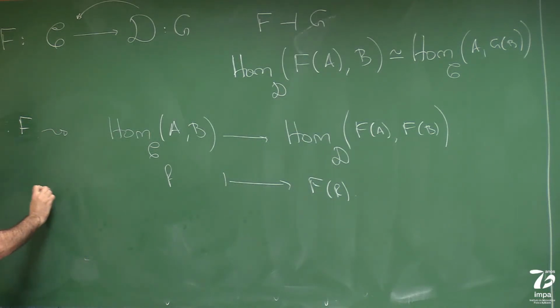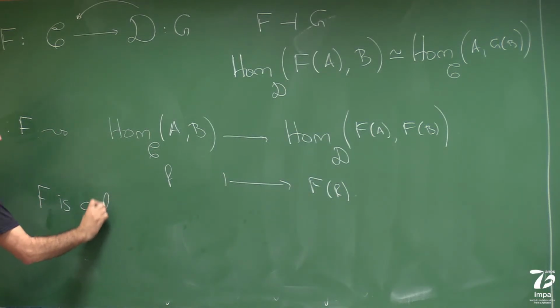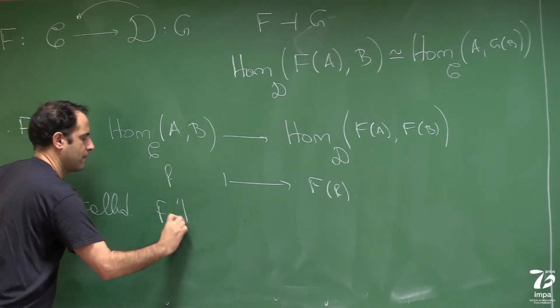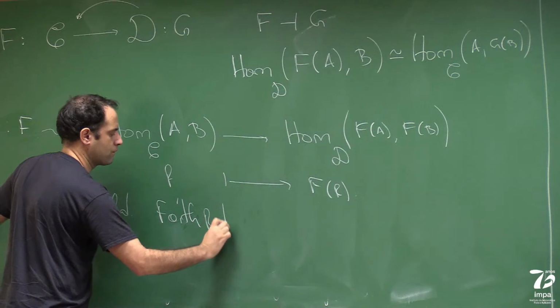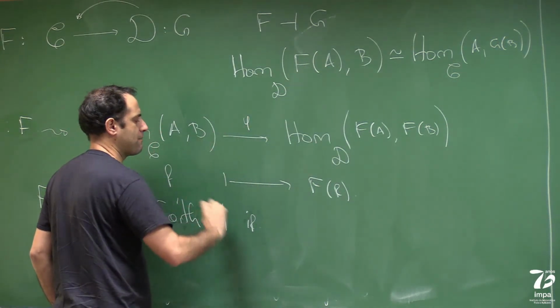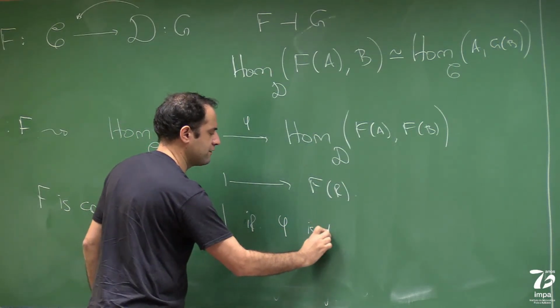And F is called faithful if this map is injective. Let me call this map phi. Phi is injective.